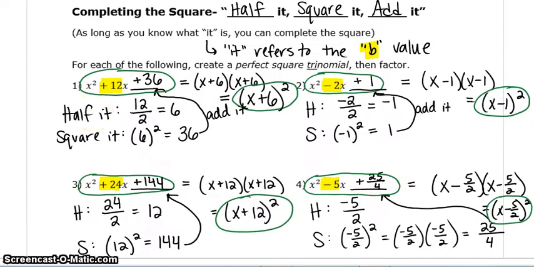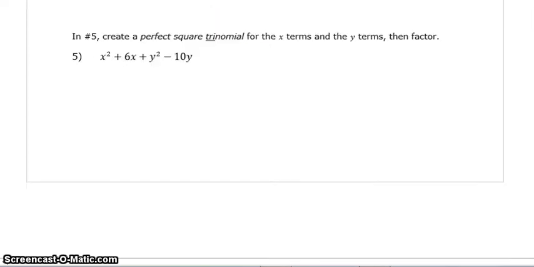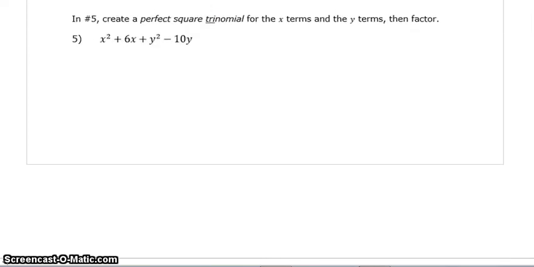Same thing in examples 1 and 2, the half-it number, which was 6 in example 1, is the plus 6 and the plus 6, that's where that came from. And then in example 2, the half-it number was negative 1. That's where I got my minus 1, minus 1. So now that we've gone over 4 examples of completing the square, let's take a look at example 5.